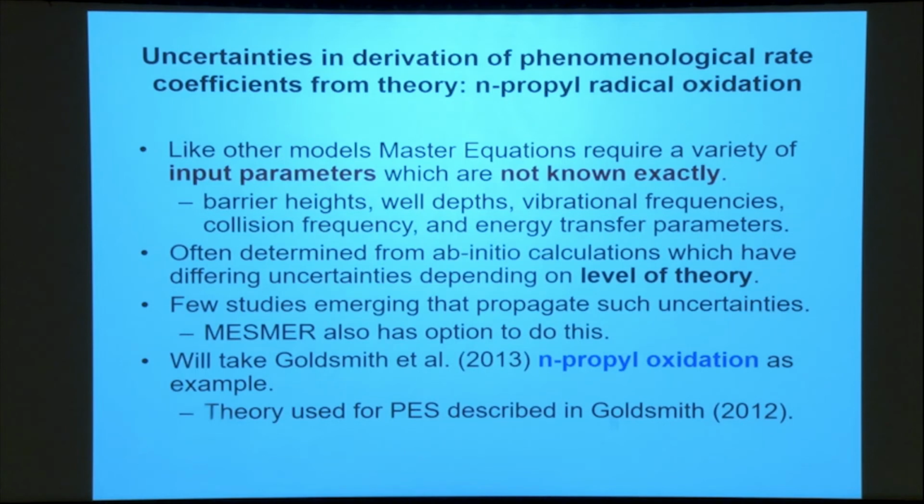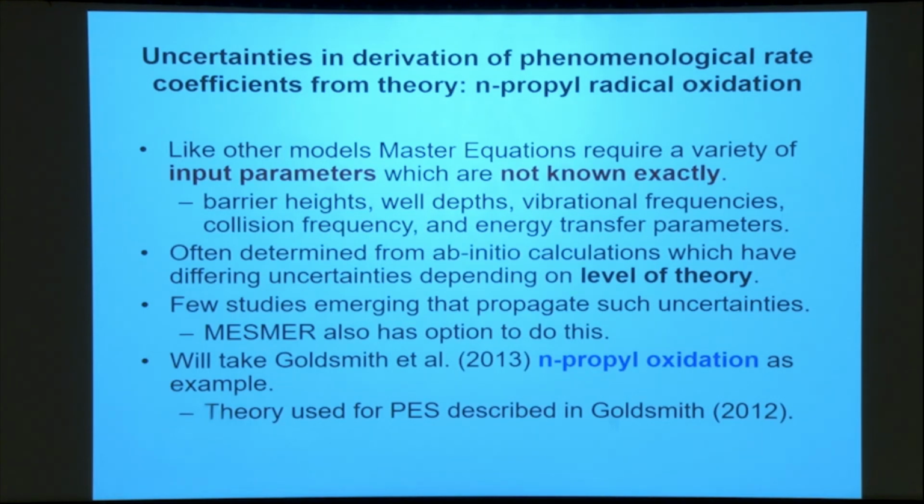We've got quite a large number of parameters that we have to feed into our master equation model. Barrier heights, well depths, vibrational frequencies, collision frequencies, and energy transfer parameters that go into our exponential down model. And the accuracy of these is going to depend on the level of theory that we're using.